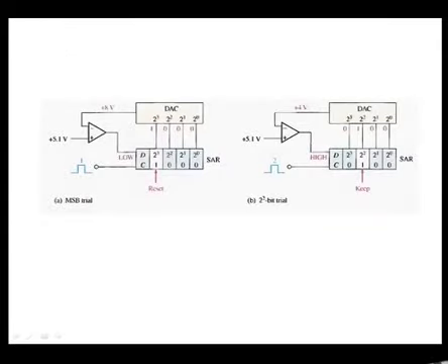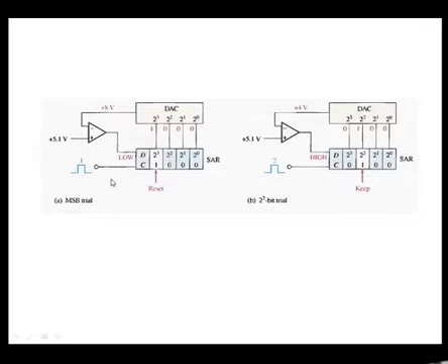Let's take a specific example of 4-bit conversion. Here we have applied a constant input voltage of 5.1 volts. The output of the DAC depends on the magnitude of the enabled input. So there are 4 inputs having magnitudes 8, 4, 2, 1. In figure A, we are going to start with the MSB.